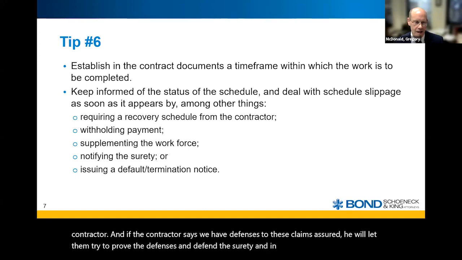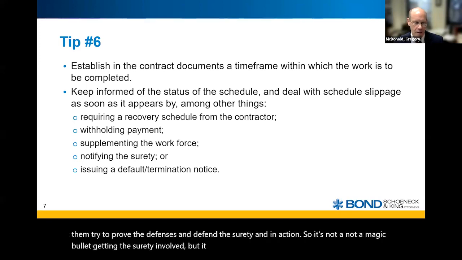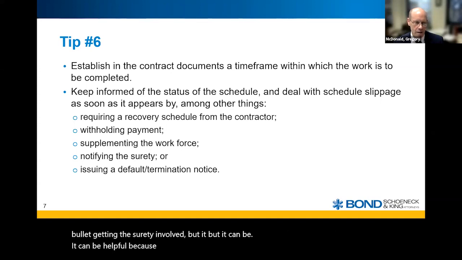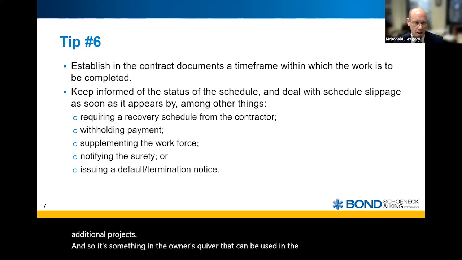So it's not a magic bullet getting the surety involved, but it can be helpful because it can impact the contractor's ability to get surety bonds on additional projects. And so it's something in the owner's quiver that can be used in the right circumstances.